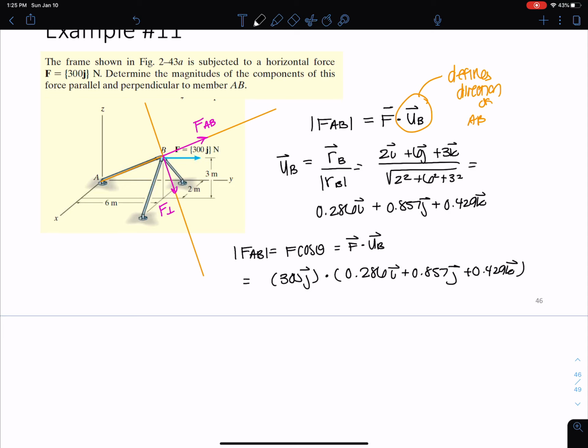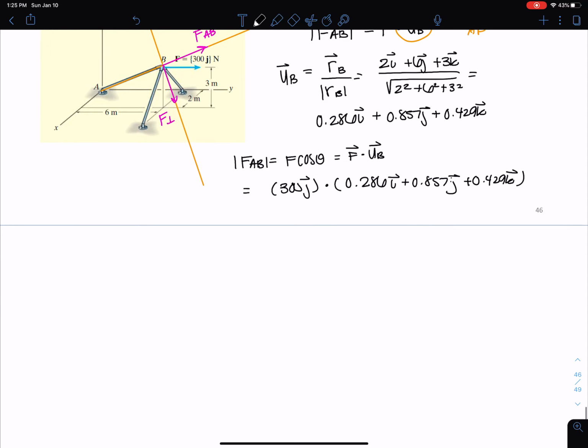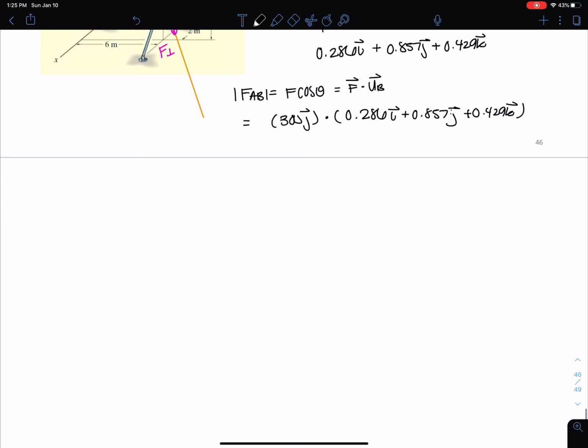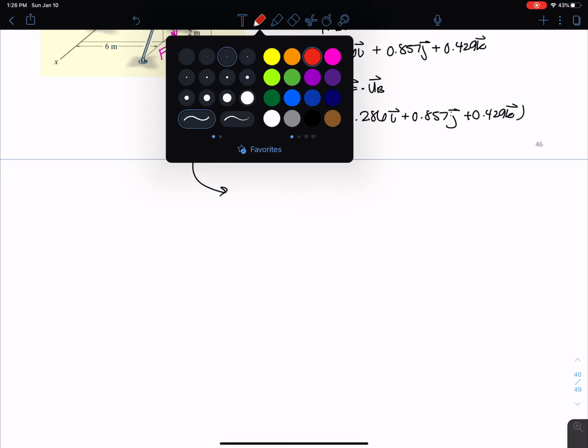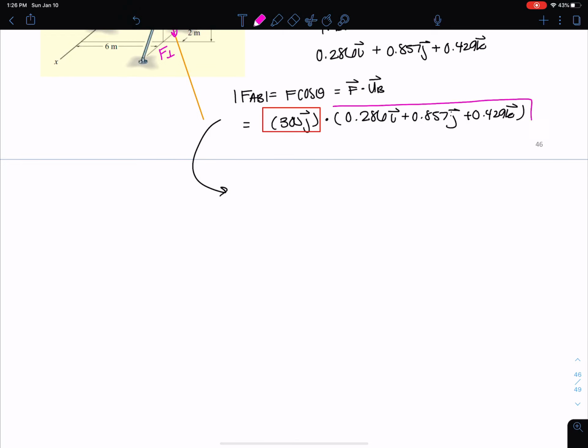Okay, this is our first time doing the dot product, so I'm going to go through this a little slowly. What I want to do here, I'm going to write down here. So this is one side of the dot product. And this is the other side of the dot product. Right? See the little dot in the middle.